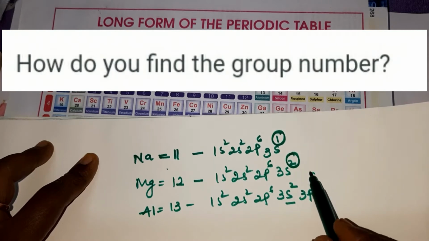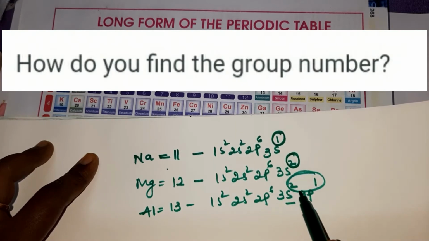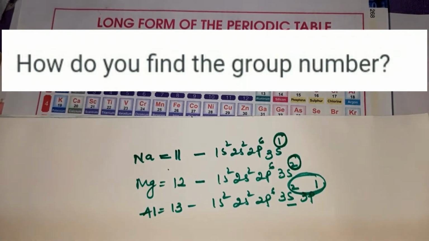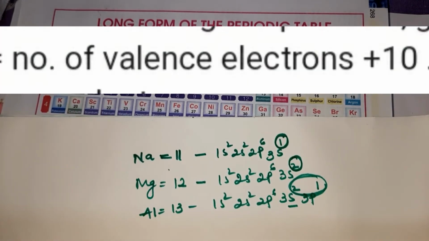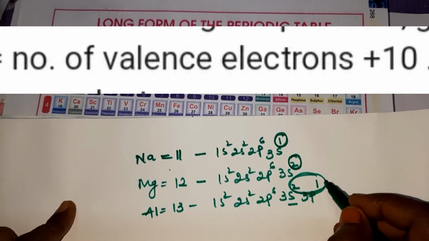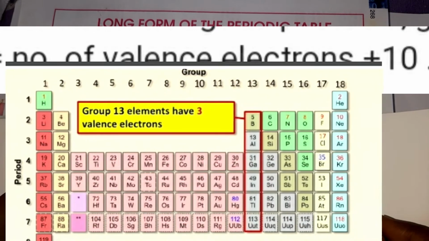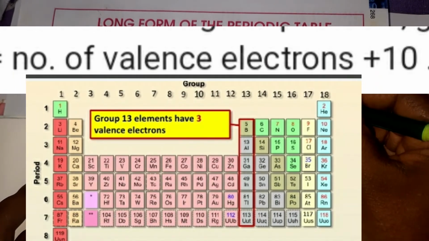Look here children, you may think that it has 3 electrons in the outermost shell, so it belongs to third group. Wrong children. You have to note here, for elements having more than 2 valence electrons, the group number is equal to the number of valence electrons plus 10. So 3 plus 10, 13. So aluminum belongs to 13th group.